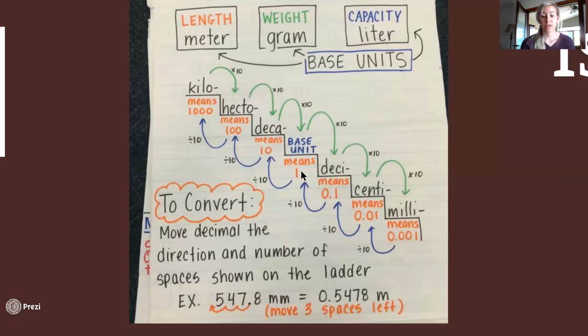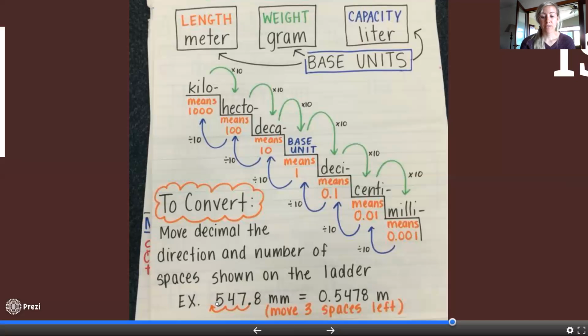So if I have 547.8 millimeters and I move 1, 2, 3 spaces to the left, I will have 0.5478 meters.